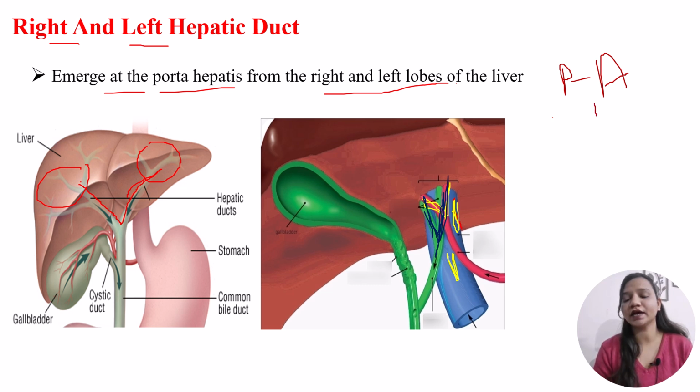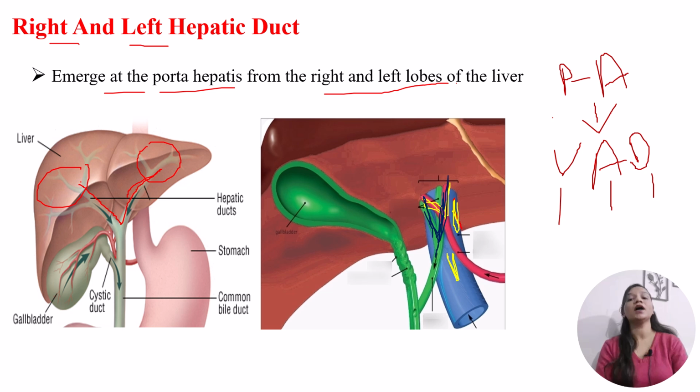They are VAD. The mnemonic you have to keep in mind is V, A and D, which is portal vein, hepatic artery, and most in front, hepatic duct.